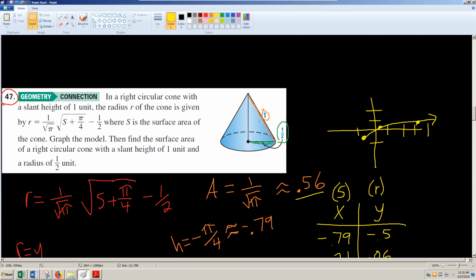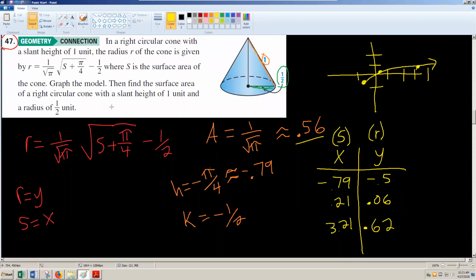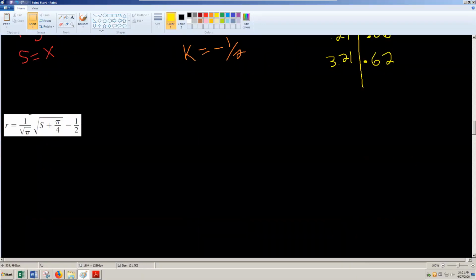So I don't know why it's even giving us that. Whatever, we'll just plug in what we need. So we're given that 1/2 is the radius, so we'll plug it in.